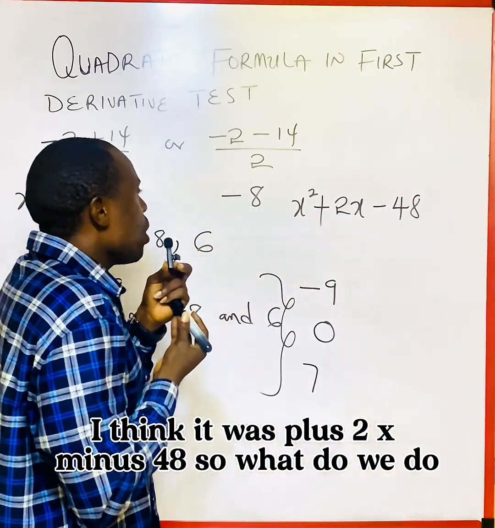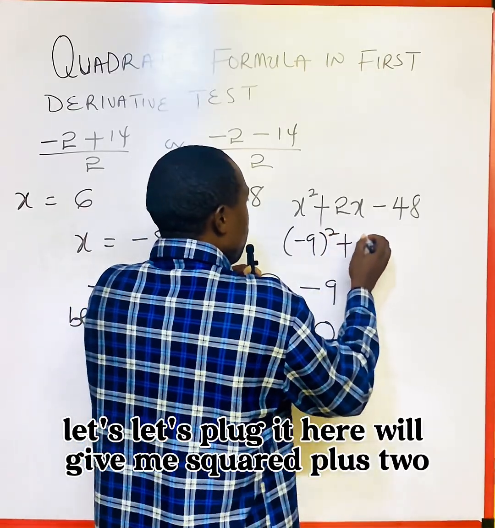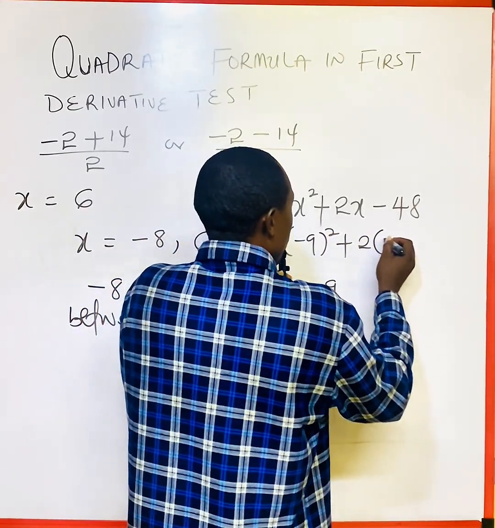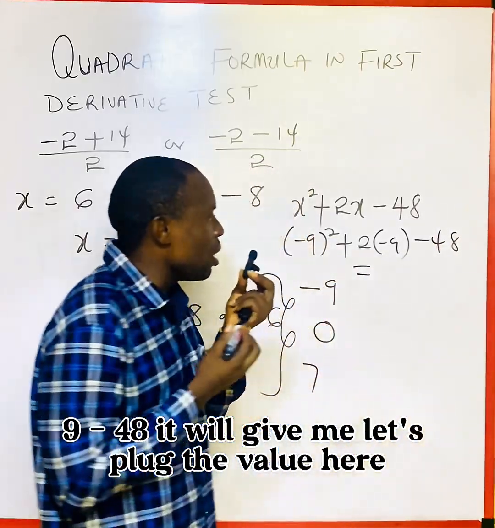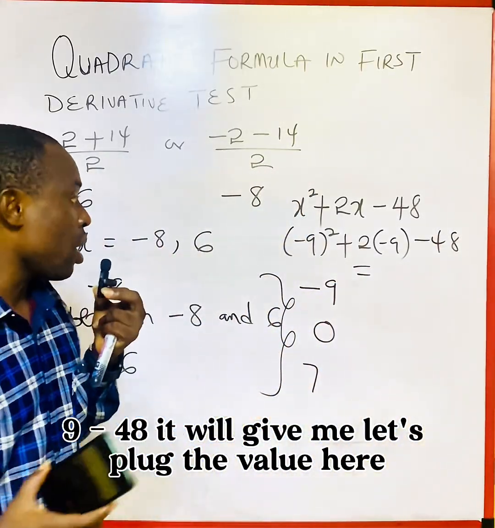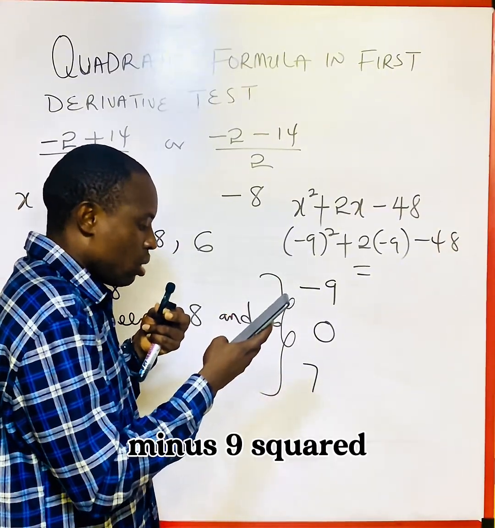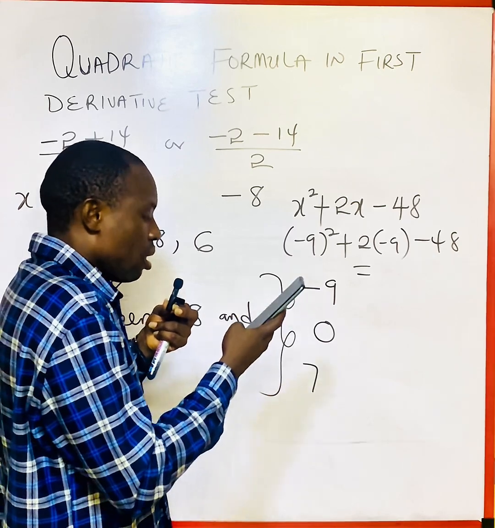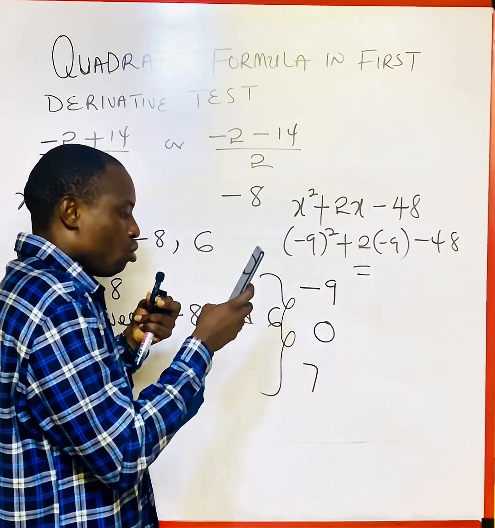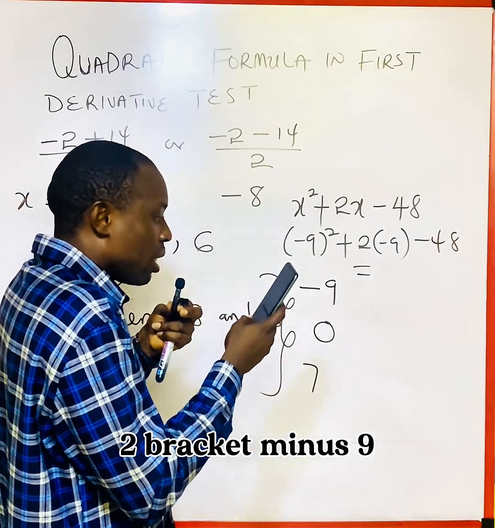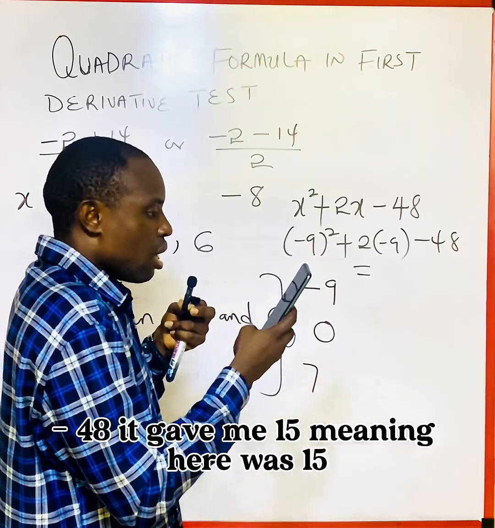So what do we do? Let's plug the value here: negative 9 squared plus 2 bracket negative 9 minus 48.